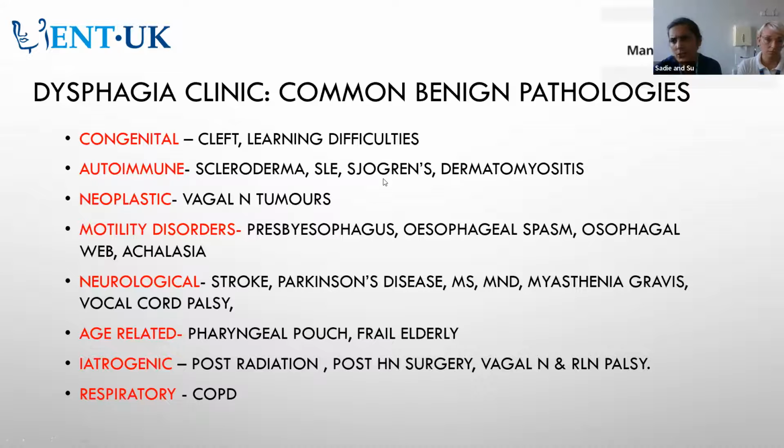We have a really good relationship with our rheumatologists because, again, soft tissue disorders can have an impact on swallow, and that can range from scleroderma, SLE, Sjogren's, and dermatomyositis. So I wouldn't worry about the conditions. I usually just get my rheumatology colleagues to get involved, and they can help work up these patients.